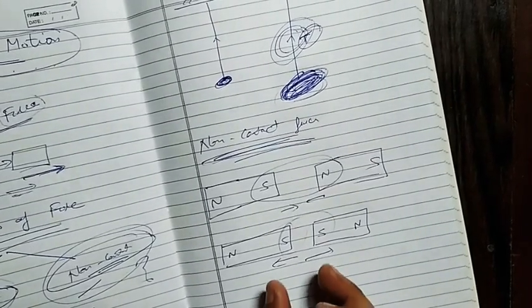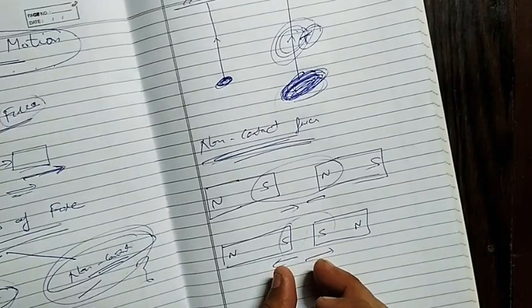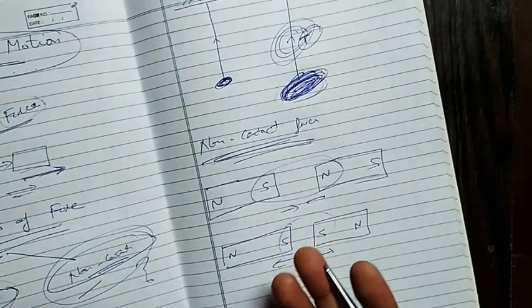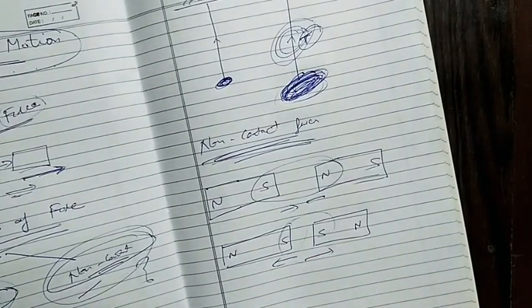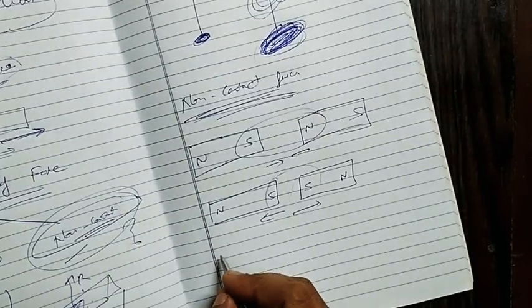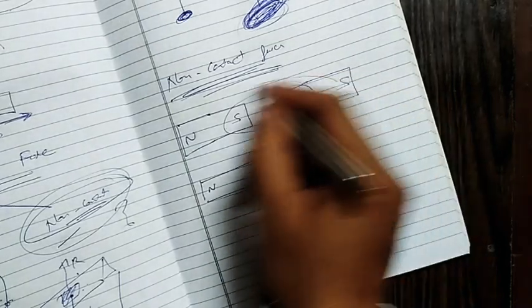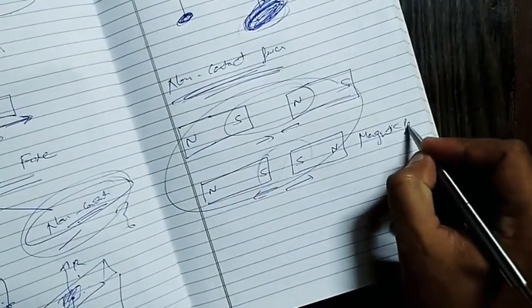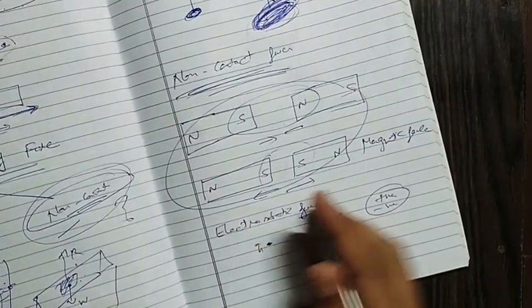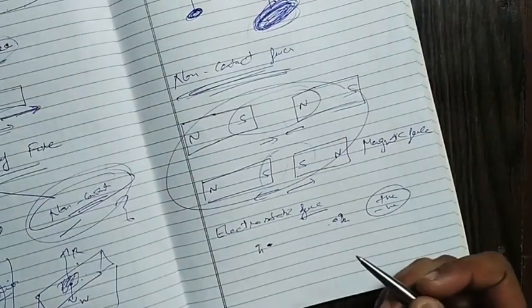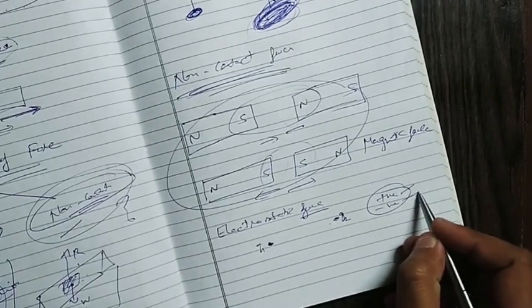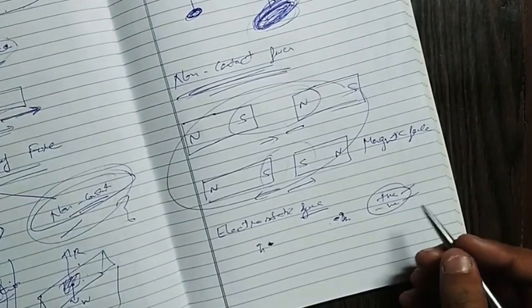So here we do not require any physical contact between the magnets, so this is known as a non-contact force. This force is known as magnetic force. Another example is electrostatic force. In electrostatic force there are two charges, which can be positive or negative.